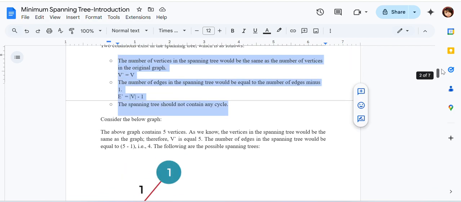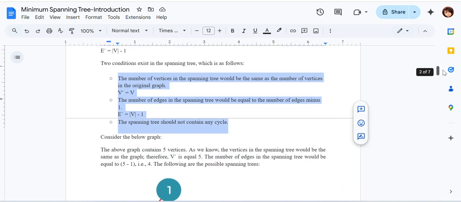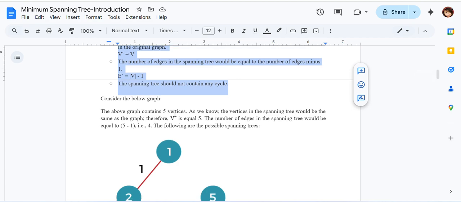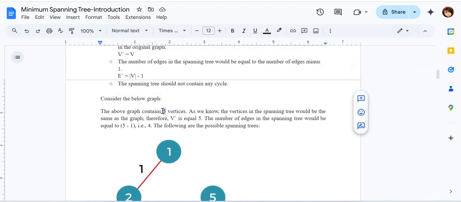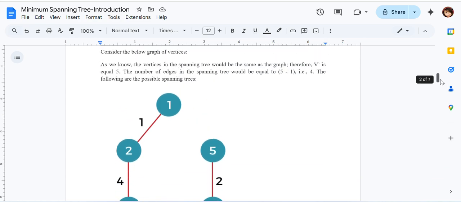For the above graph, there are 4 vertices, so we have to give it 3 edges. Let me solve it once. Now, for an example of a spanning tree, consider a graph of 5 vertices.